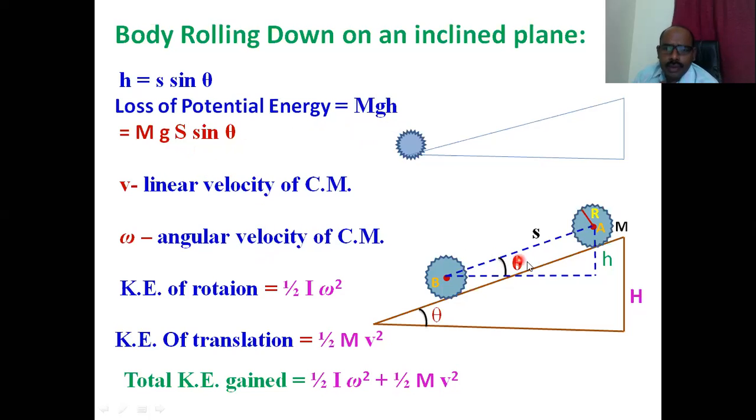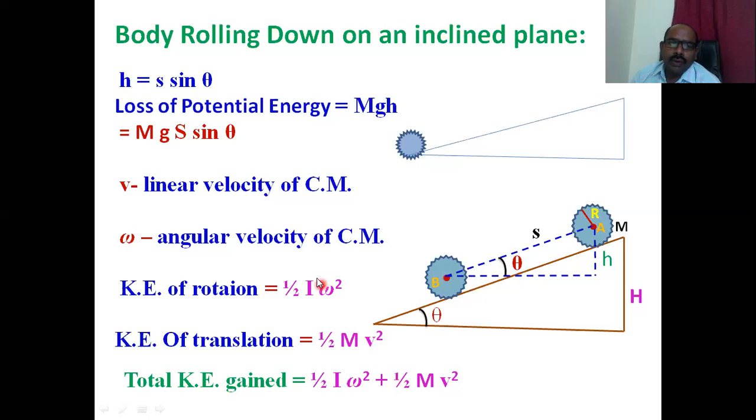Here v is the linear velocity of the center of mass. This is a combined motion. As the body rolls down from the top of the inclined plane, it possesses rotational motion about the center of mass, and at the same time the center of mass possesses translational motion.